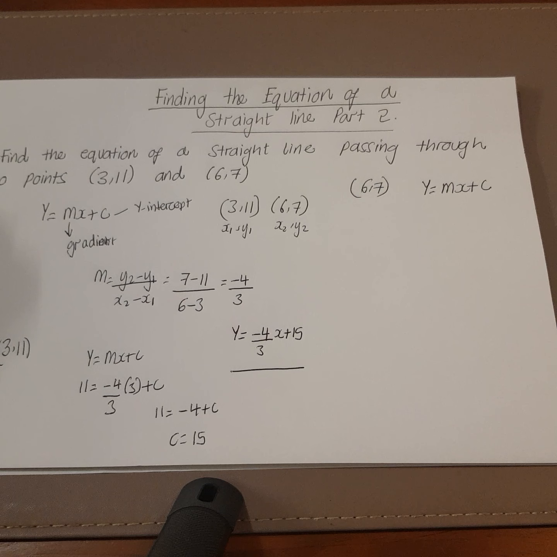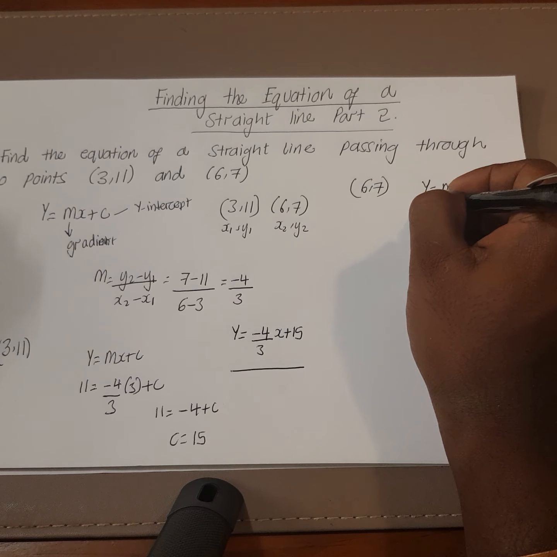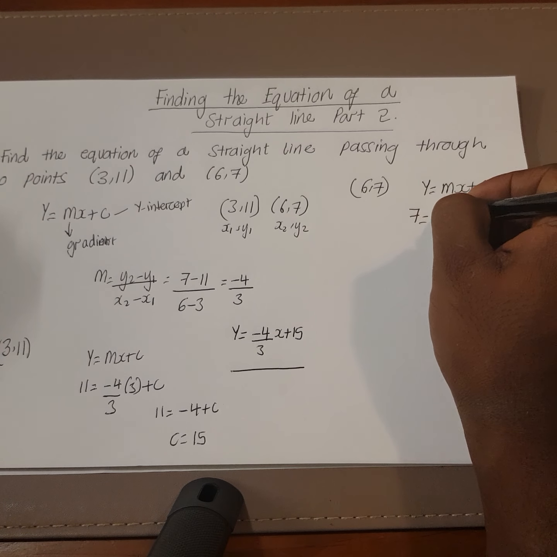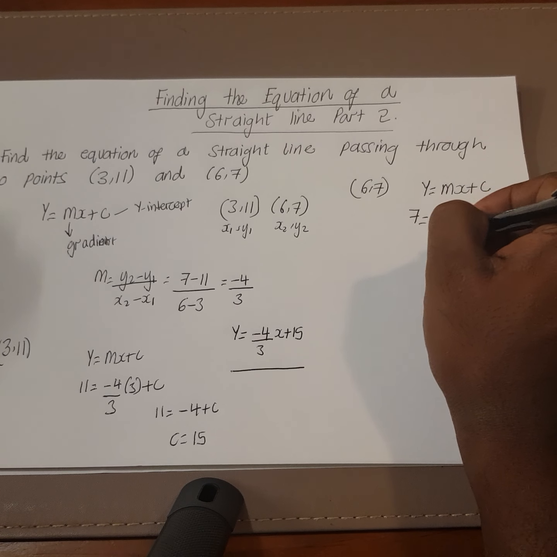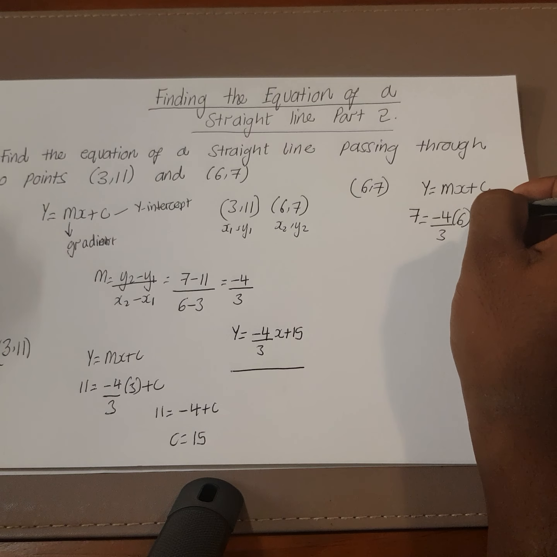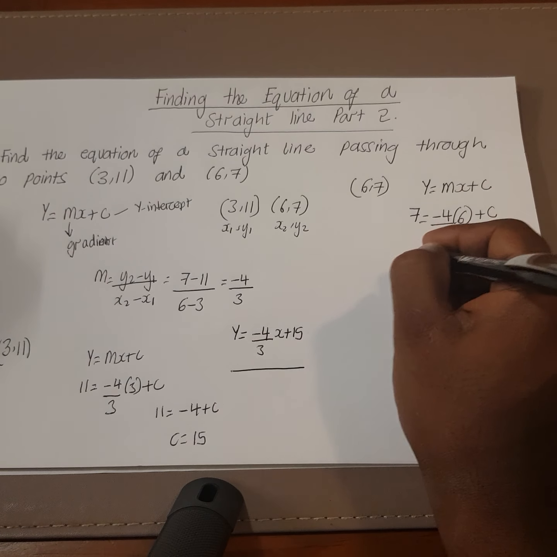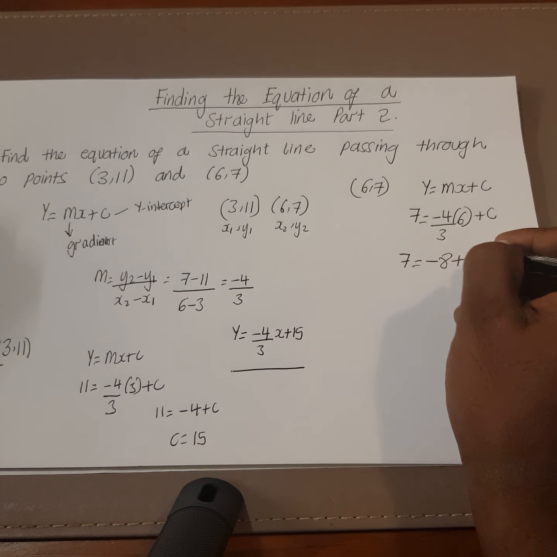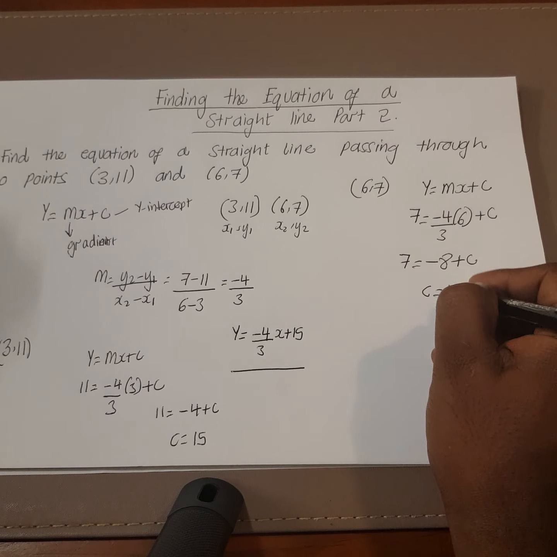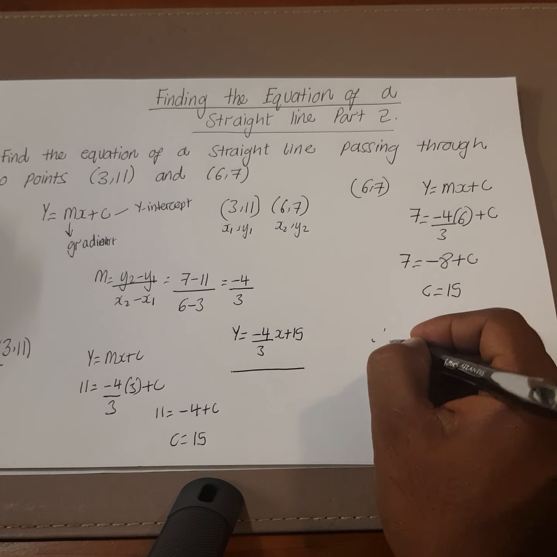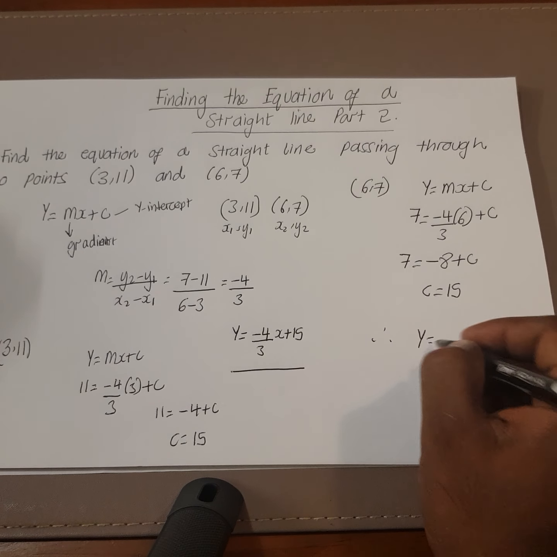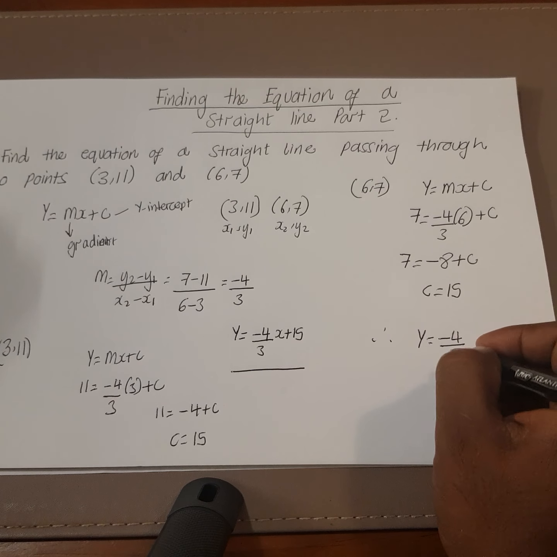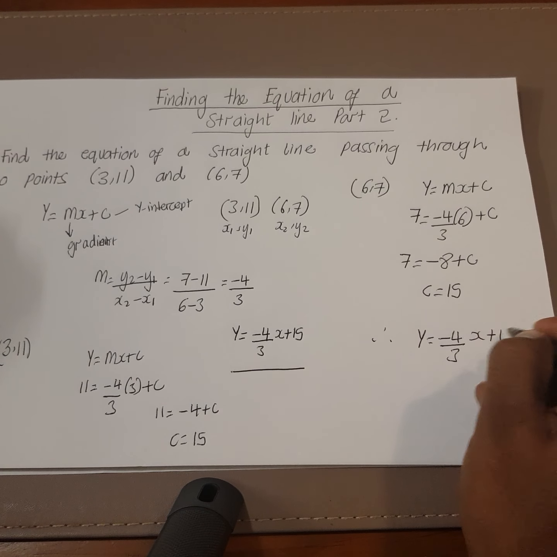What we're literally doing is substituting. So 7 equals negative 4 over 3 times 6 plus c. So 7 is equal to negative 8 plus c, and c is equal to 15. Therefore, my equation of a straight line is the same: y equals negative 4 over 3 x plus 15.